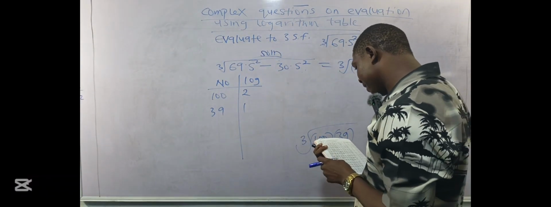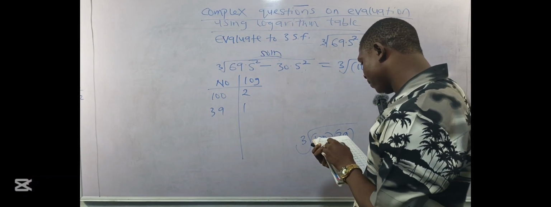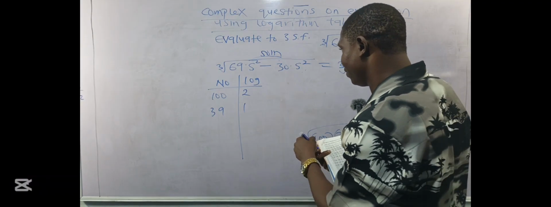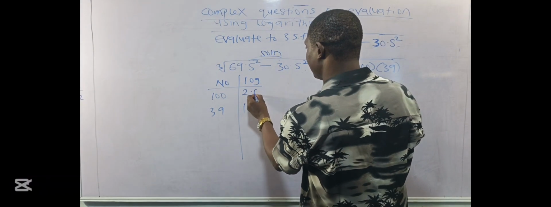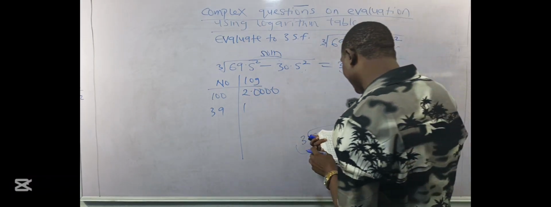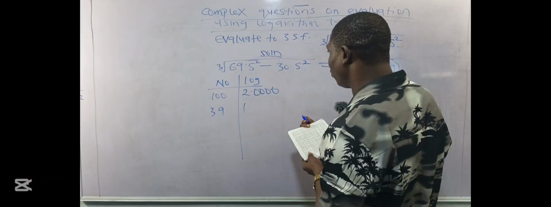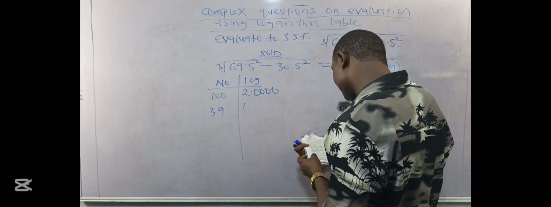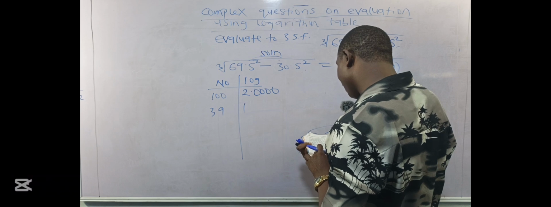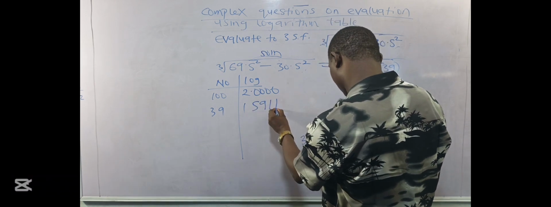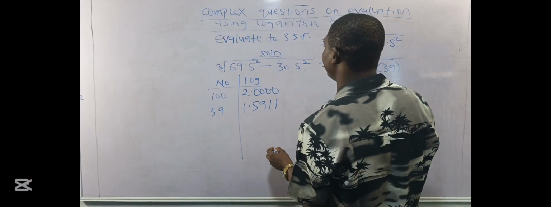Under logarithm, 10 under 0 is 0.0000. And I have 39 also. So I'll check 39 under 0. 39 under 0 gives me 5911.